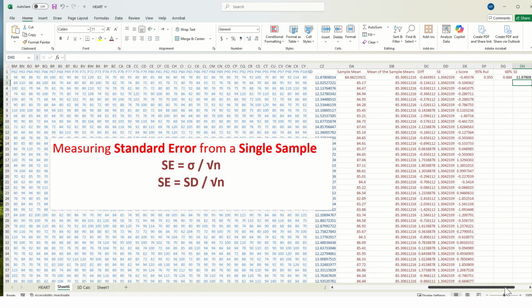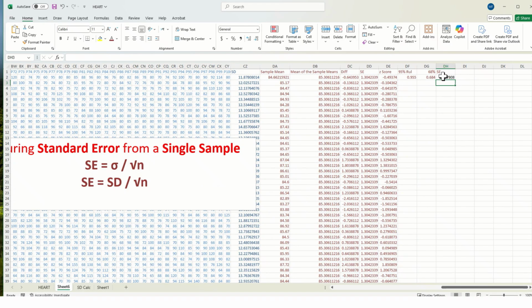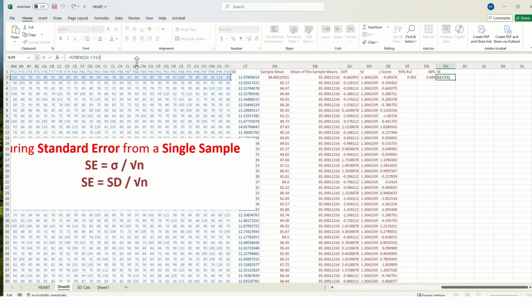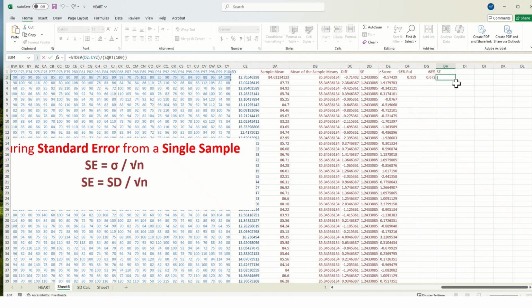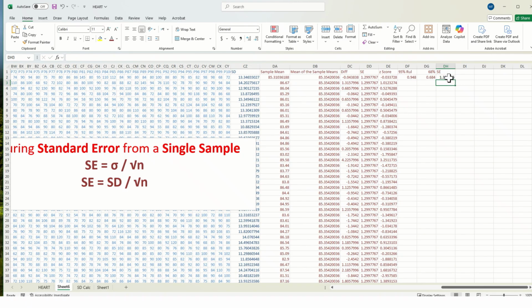So this is giving me the standard deviation of the first sample, and I have to divide it by the square root of n, SQRT, and we know there are 100 individuals in this sample, close parentheses, close parentheses. So we have calculated the standard error for the first sample, which comes down to 1.33.